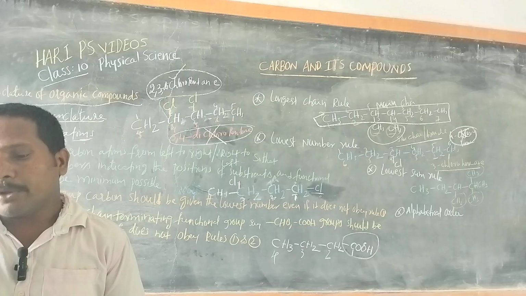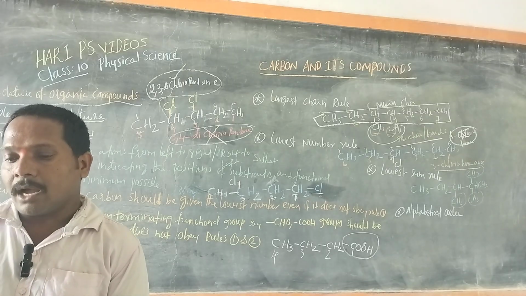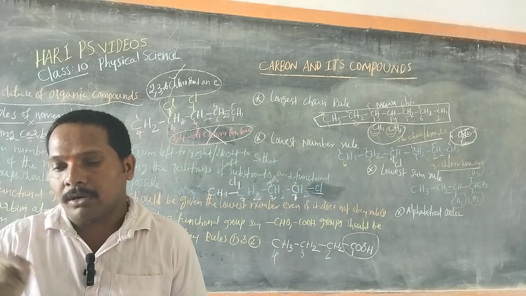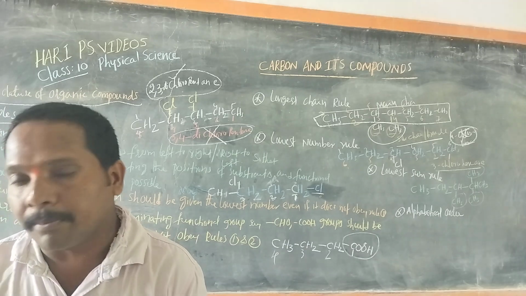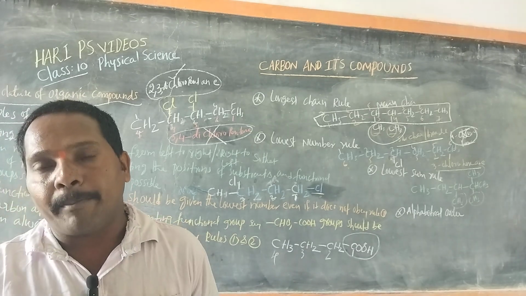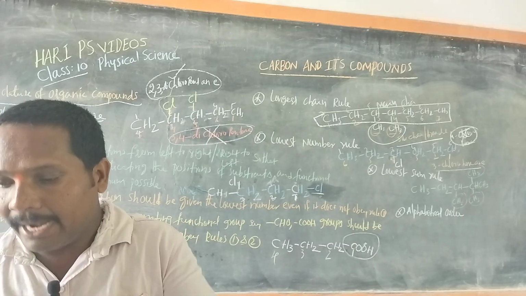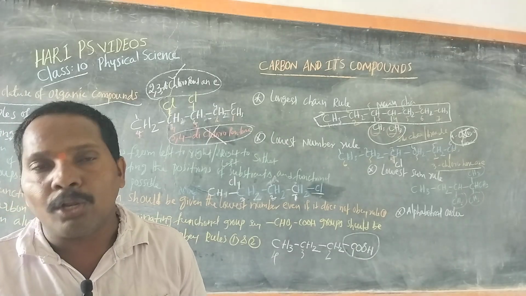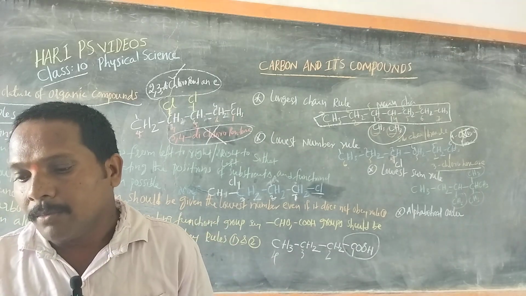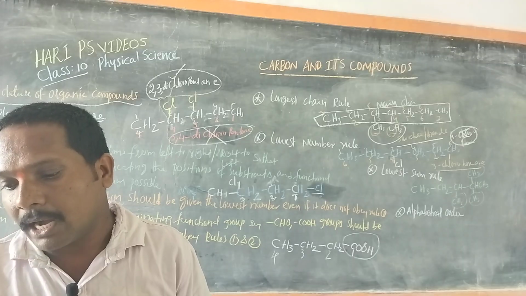So the lowest sum rule: if there are two or more substituents in the carbon compound, the parent chain is numbered from the end which gives the lowest sum of the substituent carbon atoms.